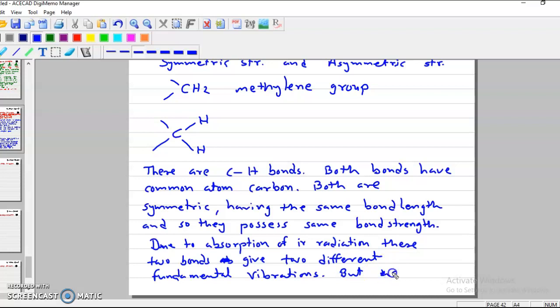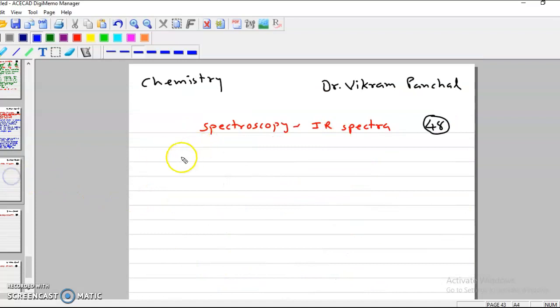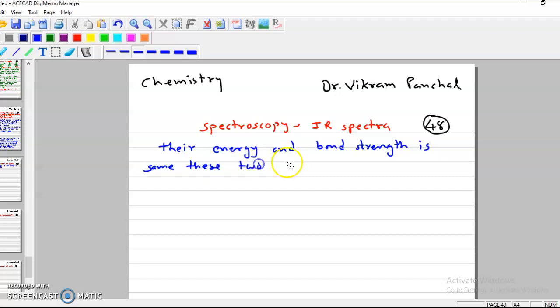But as their energy and bond strength is same, these two vibrations, rather vibrations, not bands, should give only one band because they are same.